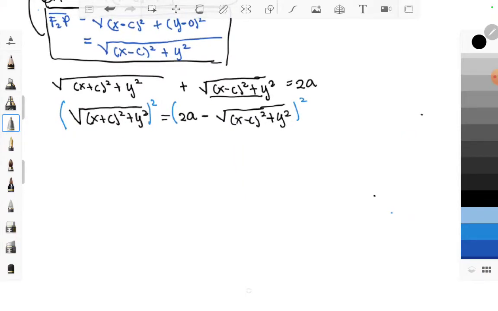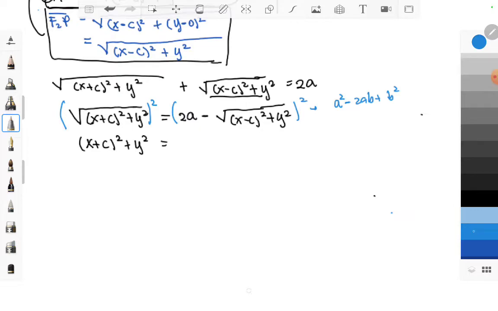So from here I will have x plus c square plus y square, which is equal to, of course, you would use our binomial theorem, wherein we have a square minus 2ab plus b square.